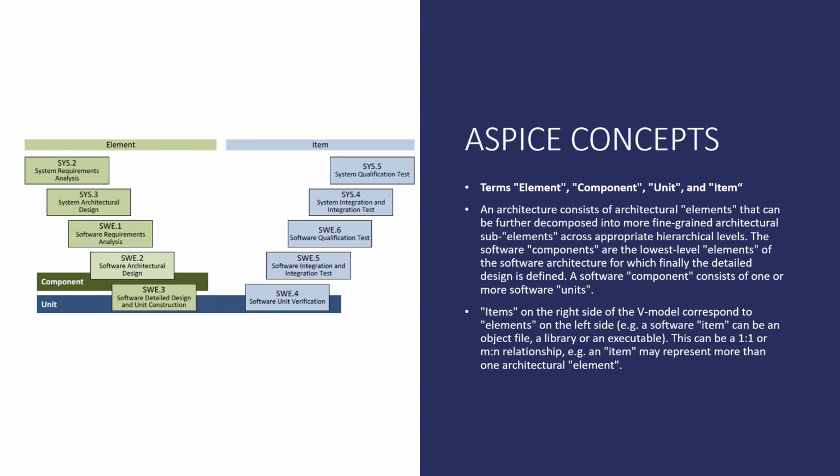The right side is about verification and testing activities. So the development and associated requirements and design terms are called elements, whereas the testing related activities are called items. A software component consists of one or more software units.